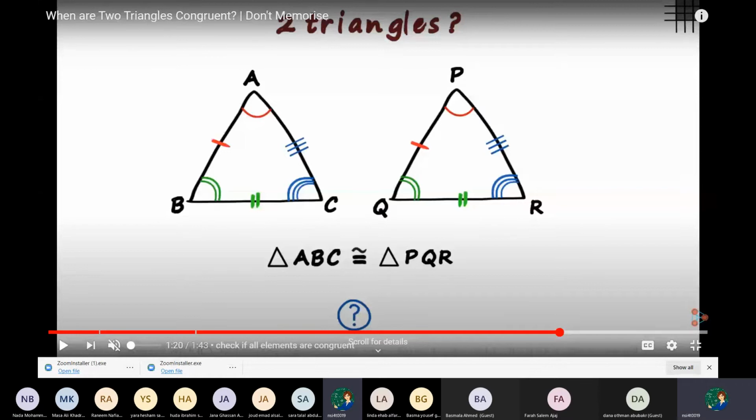Each side corresponds to the other side. What's the meaning of corresponding? What's the meaning of corresponding elements? And do I need to compare all the elements? Can we say that these two shapes are congruent? Do I want to compare each side and each angle?